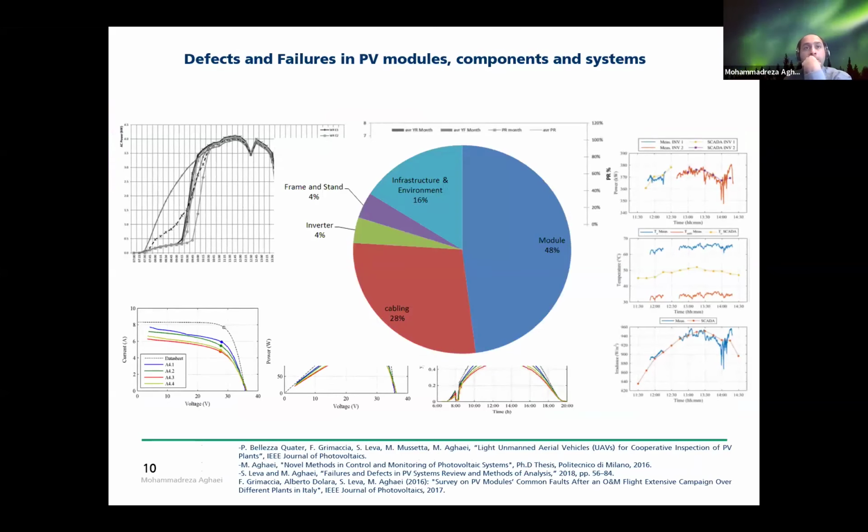According to the statistics, most failures occur in the PV modules, and some of the electrical faults initiate from cabling failures and external sources. So it's important to keep monitoring, and to keep monitoring larger-scale plants, you really need to apply AI.